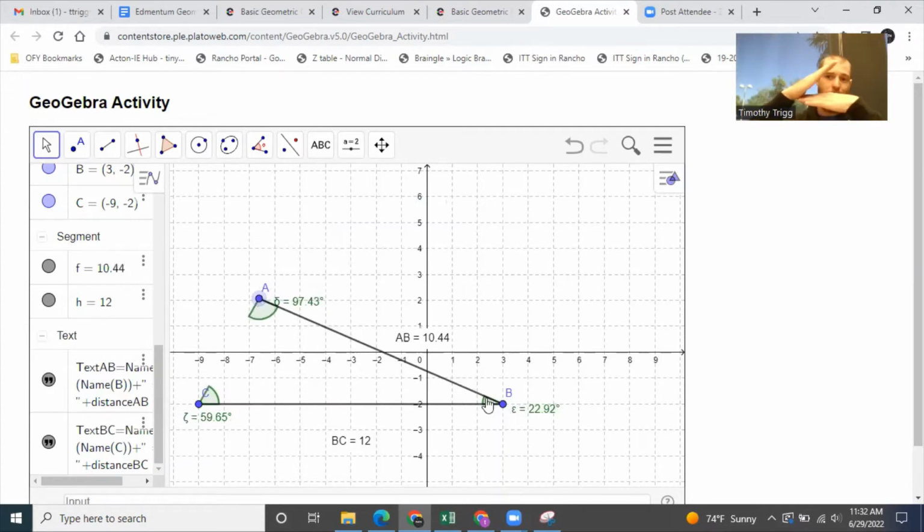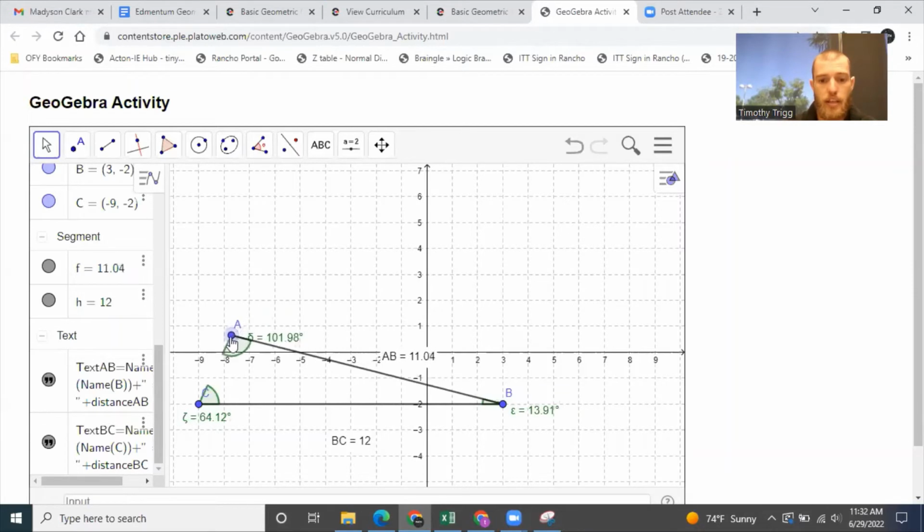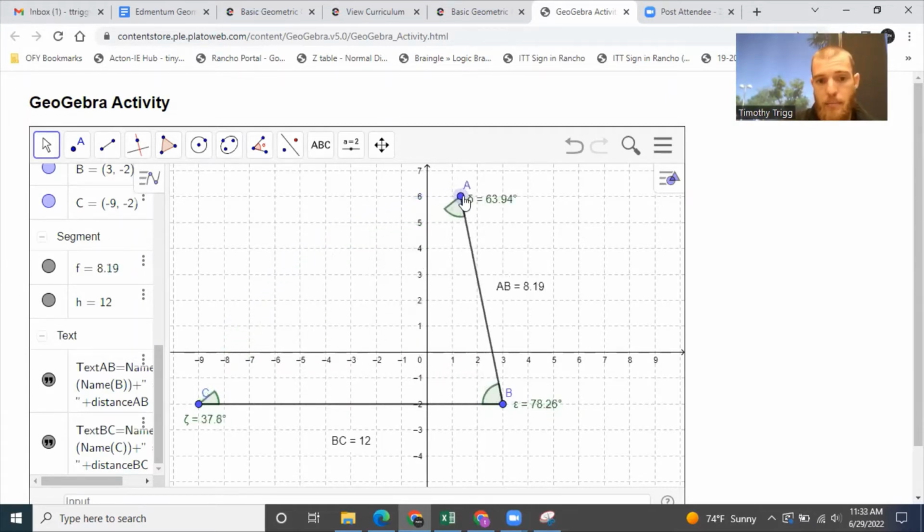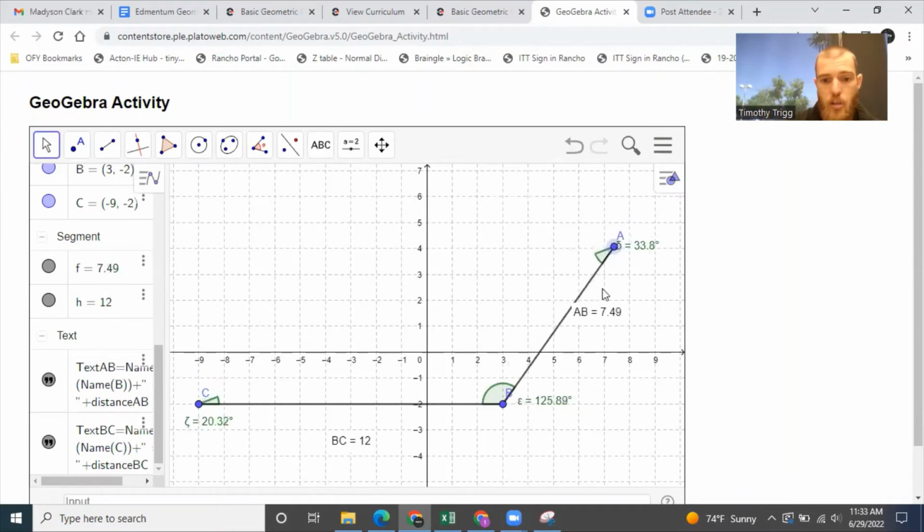Which makes sense because it's like closing, right? Remember the angle's measure is how open it is. So if I move A and C closer together, you can see the measure of angle B is getting smaller and smaller and smaller, right? It's closing. However, if I move A away from C, the angle measure gets larger and larger, right?